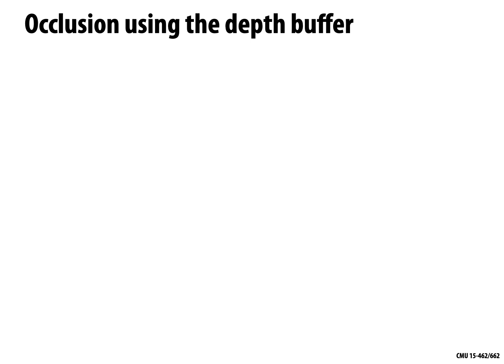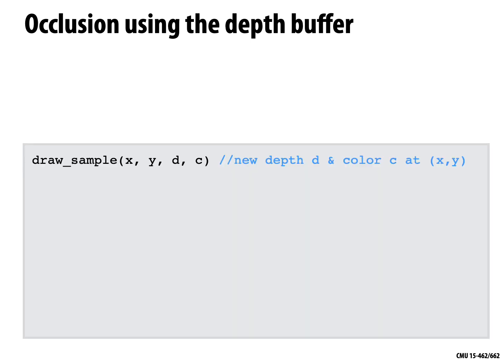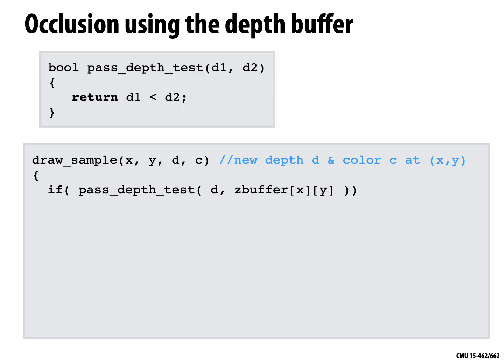Okay, so here's some pseudocode that might help you think about that question more clearly. Let's say we want to draw a new sample into our color and depth buffer. So we have a new sample with depth D and color C at a screen location XY. This sample came from rasterizing a triangle. The first thing we do is we check, does this new sample pass the depth test? So we compare the new depth D to the depth stored in the Z buffer at XY.